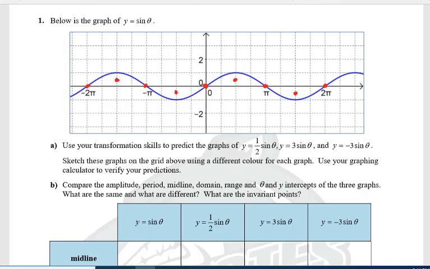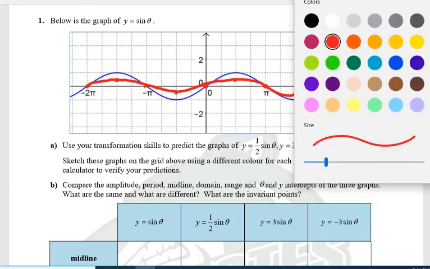The x values don't change. We just have a vertical stretch, so we are only affecting our y values, and it looks something like that. Whew, that was tight.